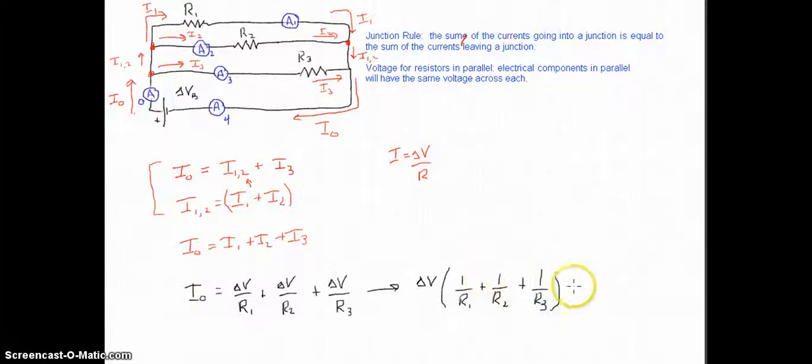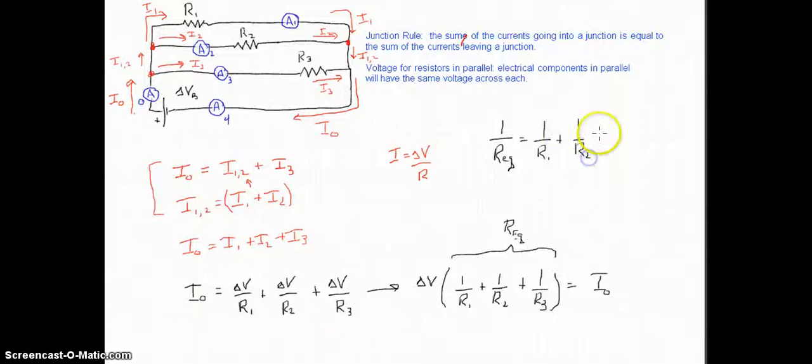And this will equal my current, I naught. Now looking at this, right here, I have my equivalent resistance. So my equivalent resistance will equal 1 over R1 plus 1 over R2 plus 1 over R3.